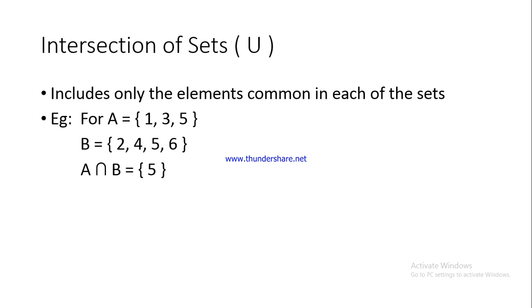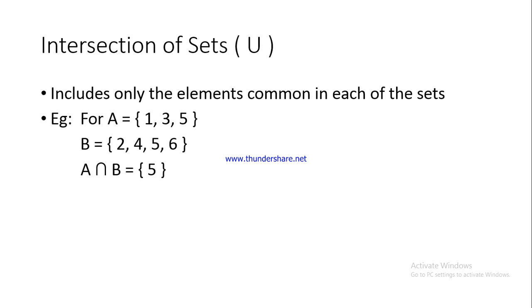Now what is the symbol of A intersection B? Intersection symbol is inverted U, as you can see here in line 4, A intersection B, and the A intersection B is nothing but the element which is common to both A and B, which is 5, and that is why A intersection B has been shown as 5.